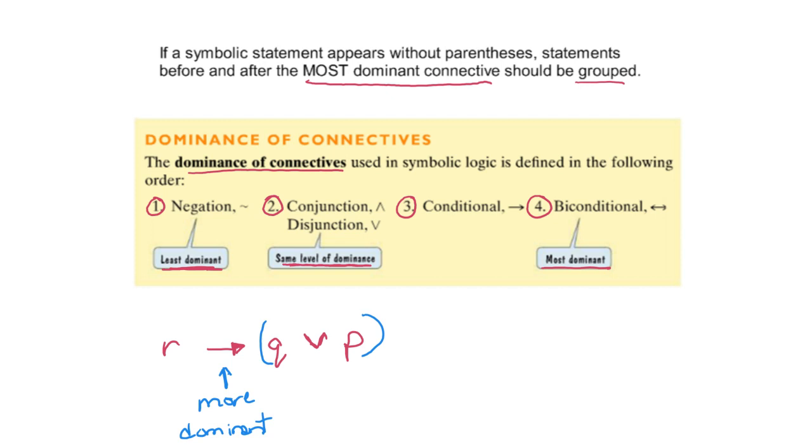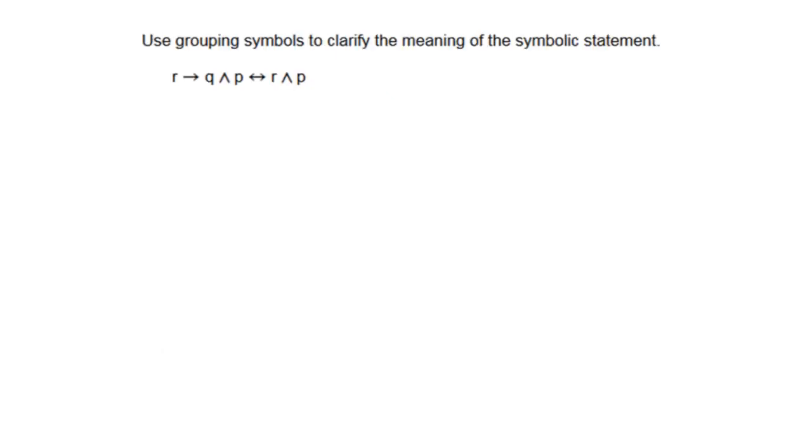So we have a problem to practice on the next slide. Use grouping symbols to clarify the meaning of the symbolic statement. So let me rewrite this. I have R with a conditional, Q and P. Then I have a biconditional, and then I have R and P. All right, so try to remember the order of what had the most dominant versus what had the least dominance.